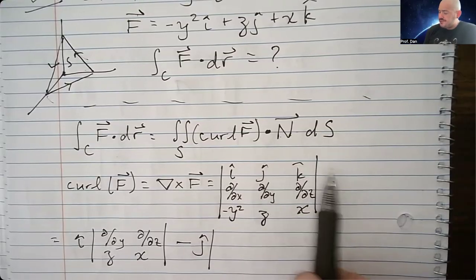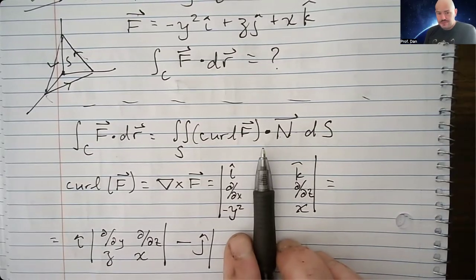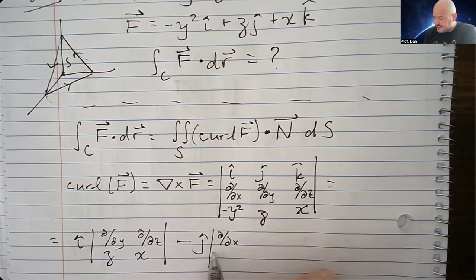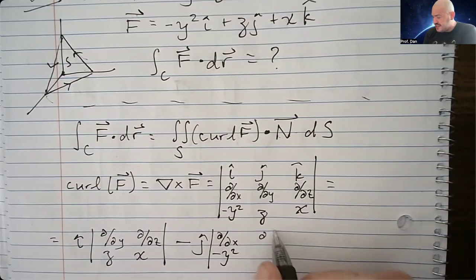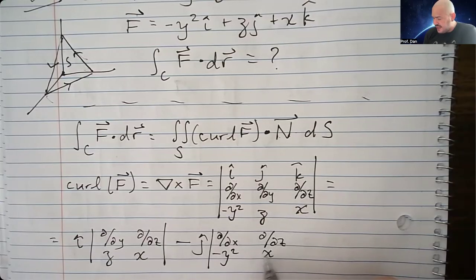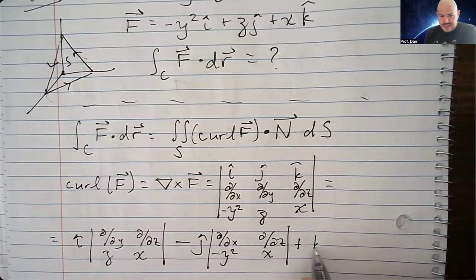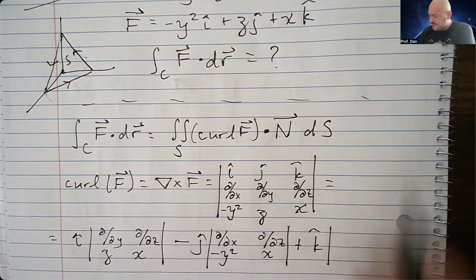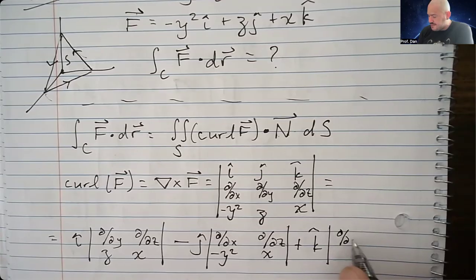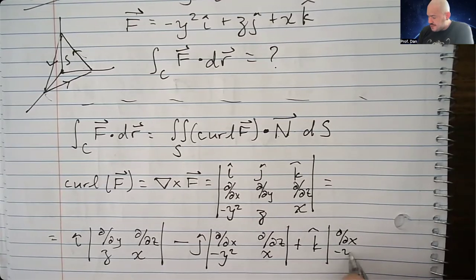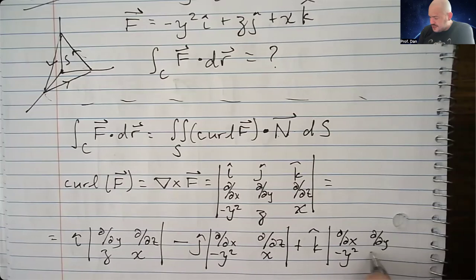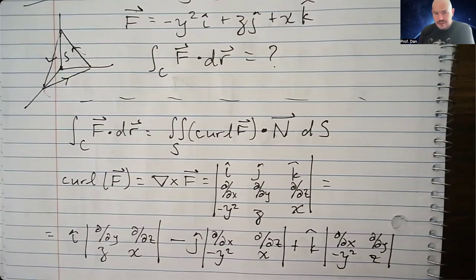We cover first row, second column, and we're left with d/dx of negative y squared, d/dz of x. And lastly, k. If I cover up the third column, first row, I'm left with d/dx of negative y squared, d/dy of z.